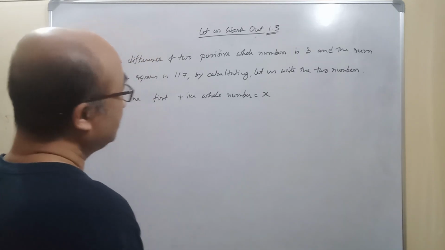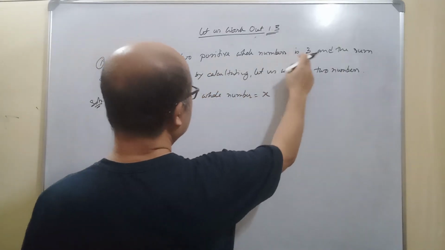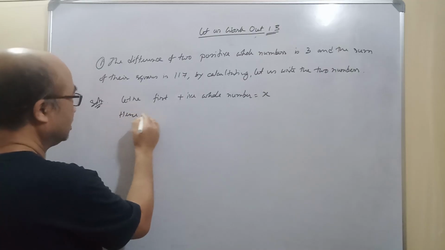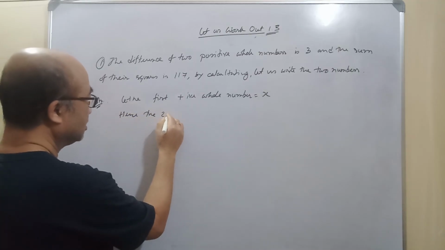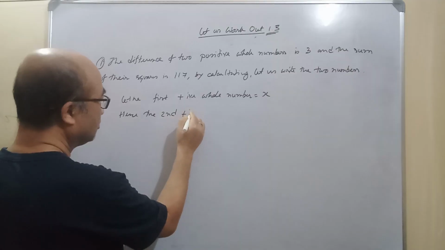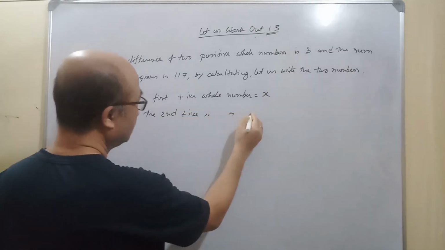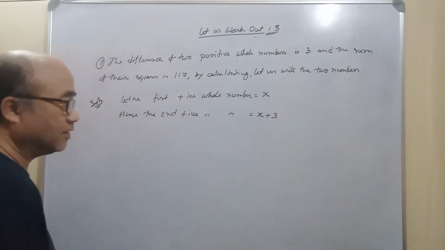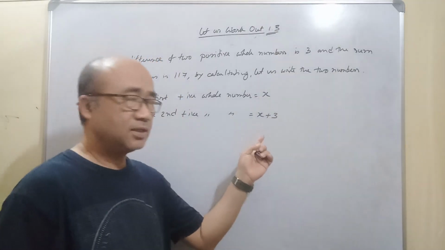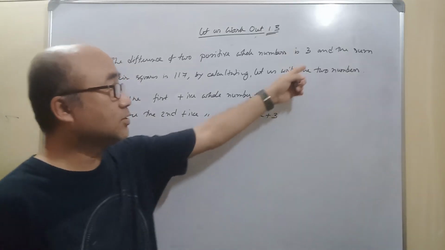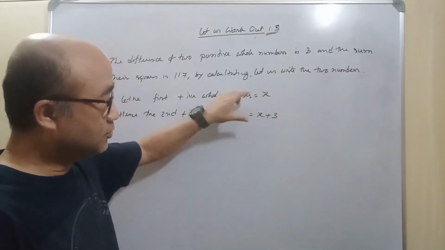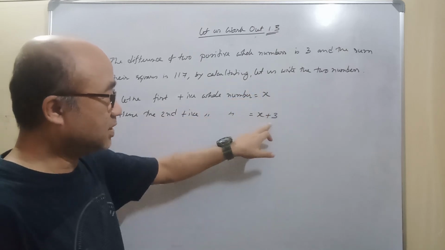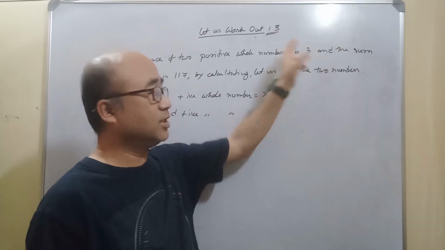Since the difference is 3, the second positive whole number will be x plus 3, right? Because only then their difference will be equal to 3. So these two numbers are x and x plus 3.